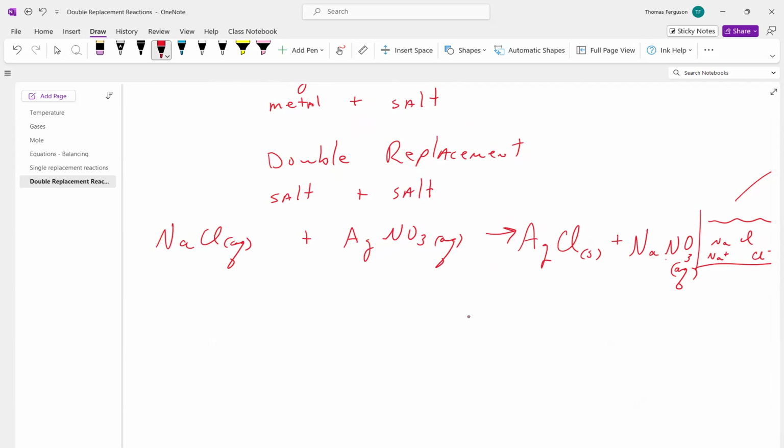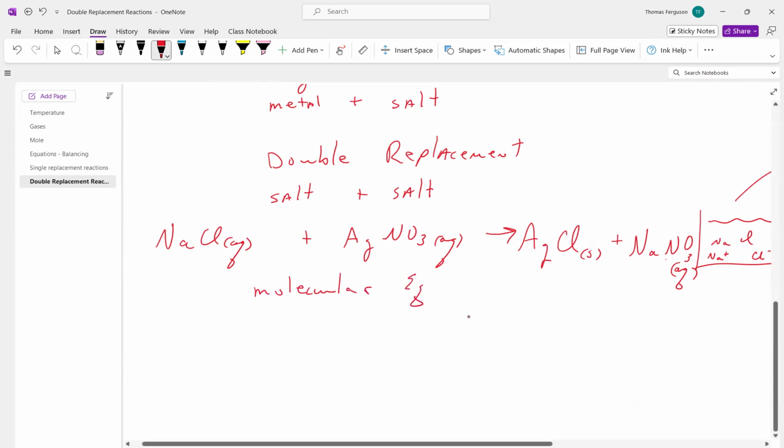So what we just wrote was called a molecular equation. Now there are three equations from this reaction. The reason why it's molecular is because the aqueous stuff are together, when in reality they aren't together.